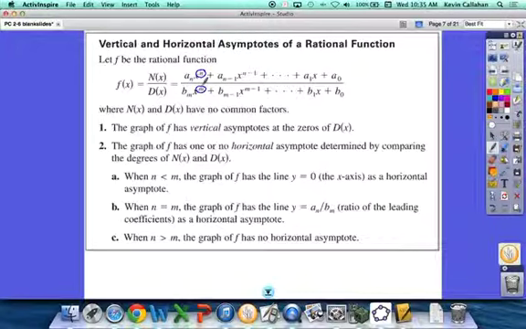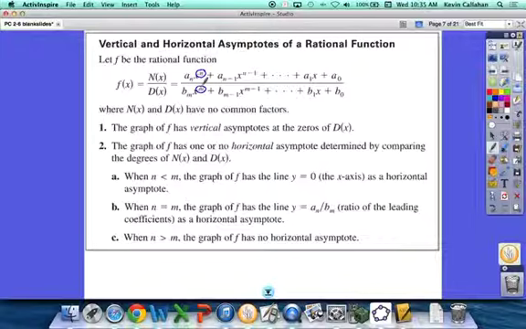So those will become important when we do the horizontal asymptotes. Okay, the vertical asymptotes are the zeros of the denominator. Makes sense, right? Whatever value you would plug into d of x to make d of x equal to 0, that would be where you find the vertical asymptotes. It's like the domain would be x does not equal this number. The vertical asymptote would be x equals that number. Right? That's how you find those.